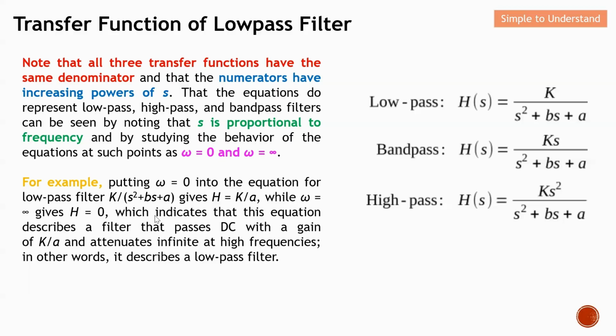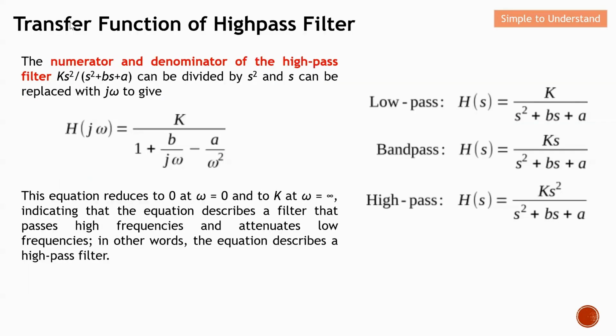So therefore, this equation indicates that it can only pass DC with a gain of K over A, and in fact will attenuate infinitely at high frequency. In other words, this describes a low pass filter. So basically, this is how we understand the transfer function of a low pass filter, by determining omega equals 0 for low frequency and omega equals infinity for high frequency.